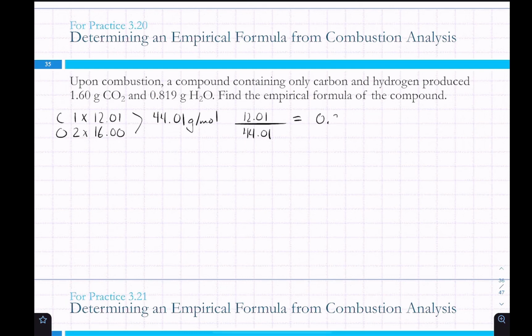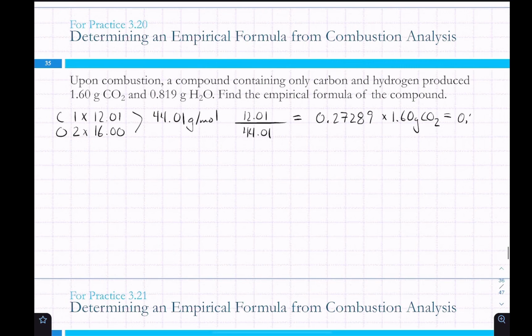So it's 0.27, and then multiply that by 1.60 grams of carbon dioxide. So there's 0.4366 grams of carbon. And then repeat the process for water.